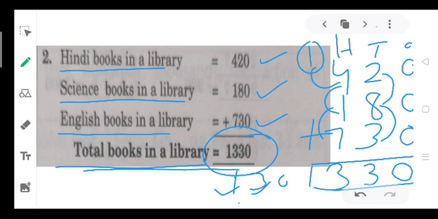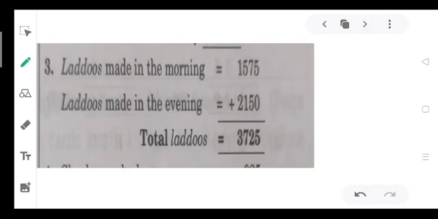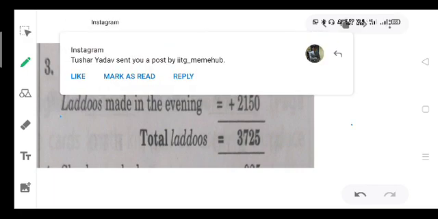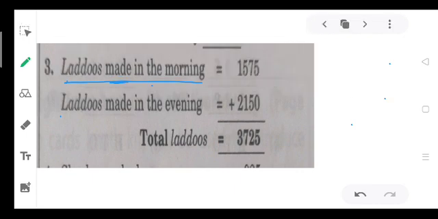See here, solution is given. If you have space in the notebook, you can write this word also, laddus in the, because if I write laddus in the morning, the statement doesn't become meaningful. So we can use laddus made in the morning. Laddus is equal to 1575. Laddus made in the evening 2150, and then we will add it, total laddus.